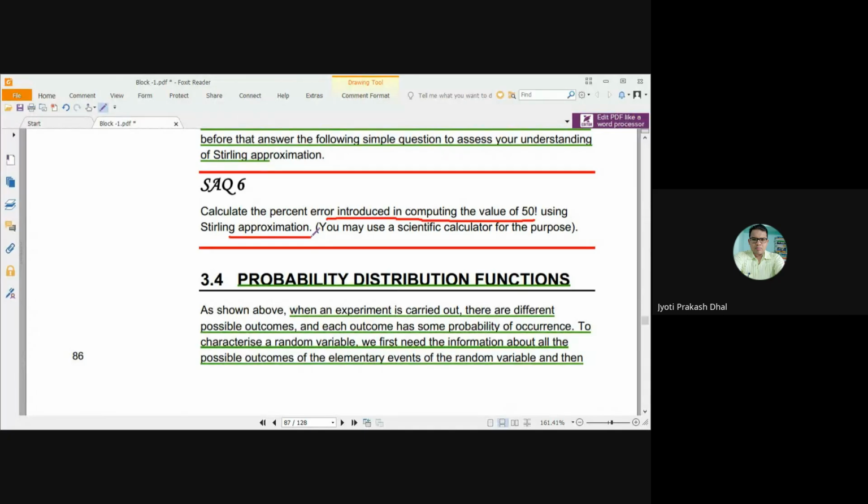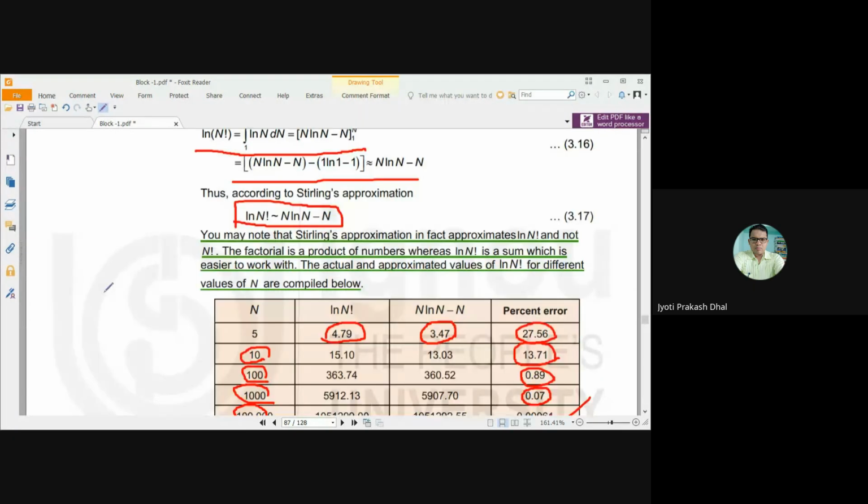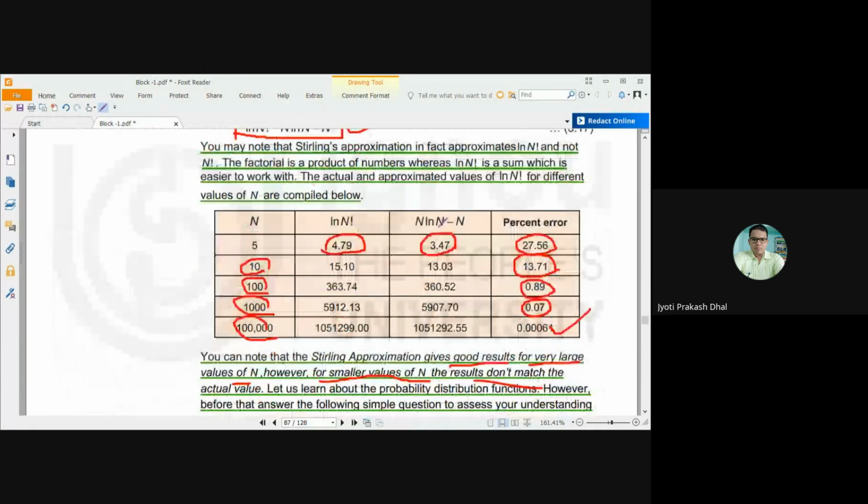So here, if we apply the values for 6 factorial, Stirling's approximation is ln 6 factorial equals 6 ln 6 minus 6. Using this expression, you can easily calculate the percentage of error, and you should take a scientific calculator to the examination, and using that you can easily solve question number 2D.